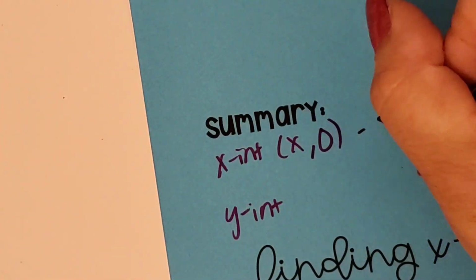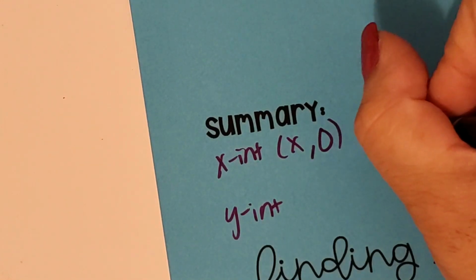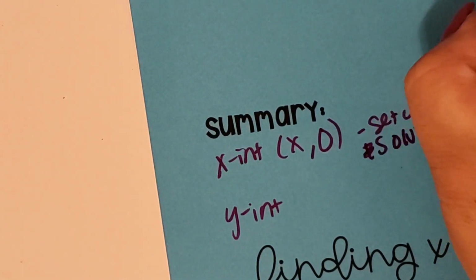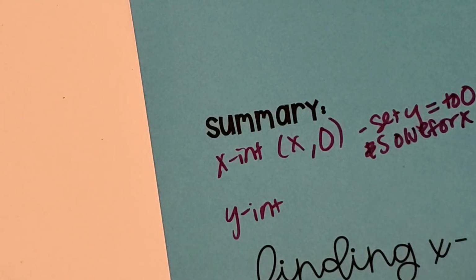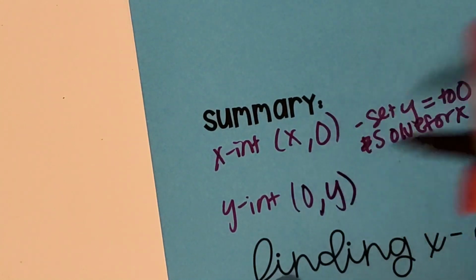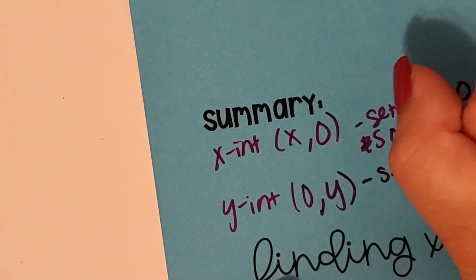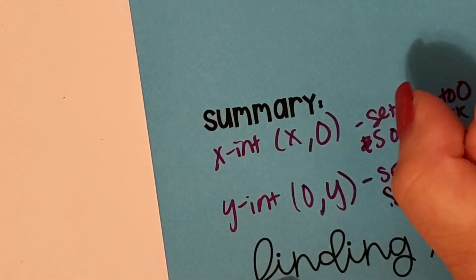So you end up setting your y equal to 0 and solving for x. The reverse is true with your y-intercept. It's 0, comma y, where you end up setting your x equal to 0 and then solve for your y.